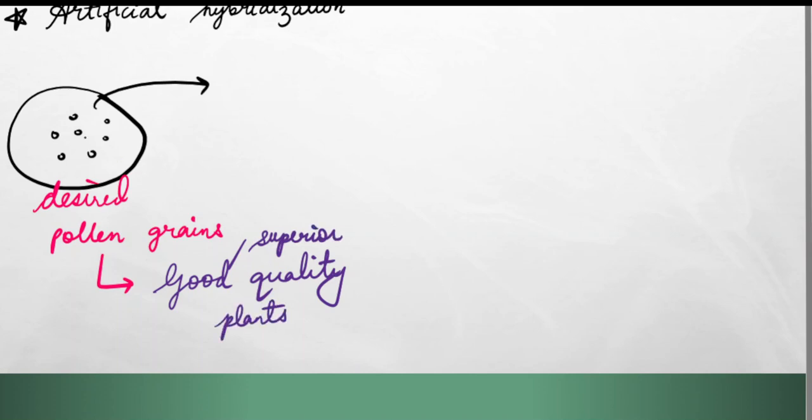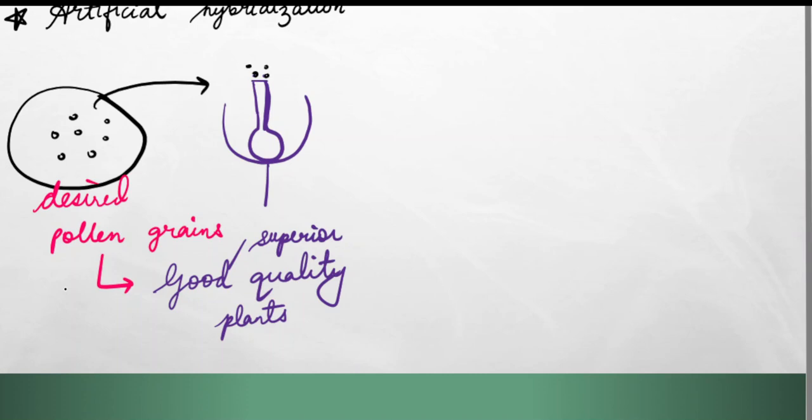So I took these pollen grains and I dusted them on the stigma. This is a flower, and these desired pollens will come here onto the stigma. This is known as artificial hybridization.